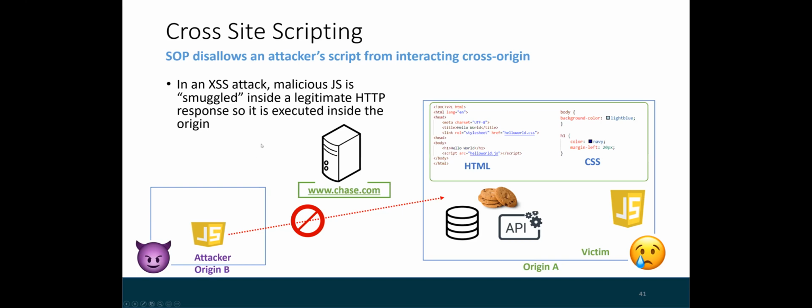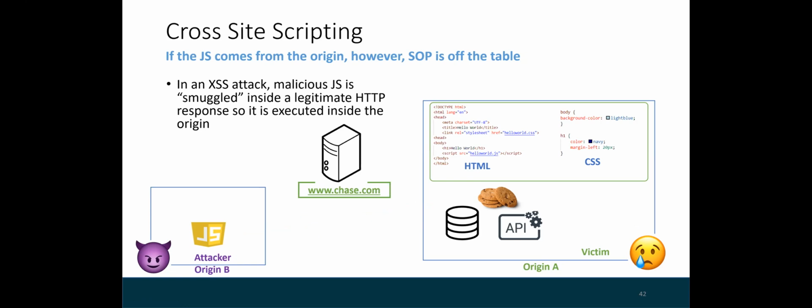So when we say a cross-site scripting attack, what we really mean is that our malicious JavaScript is smuggled inside an HTTP response so that it executes over here on the right instead of over here on the left. So what does this look like? As an attacker, I might send something to chase.com. Chase.com will then load HTML, CSS in my victim's browser. And that JavaScript, because it started over here but worked its way through chase.com and was smuggled in a response from chase.com, got loaded in the victim's browser.